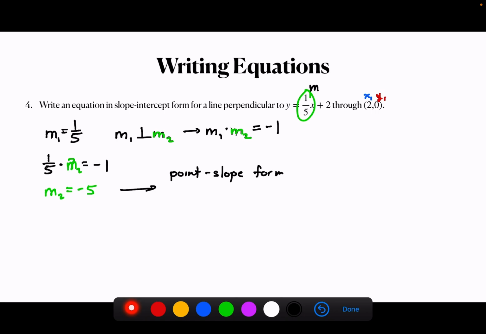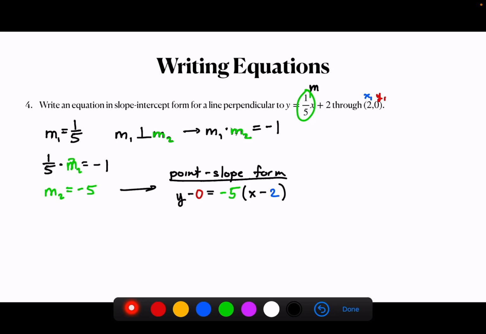Point slope form is going to be your biggest friend. y minus 0 equals -5 times x minus 2.